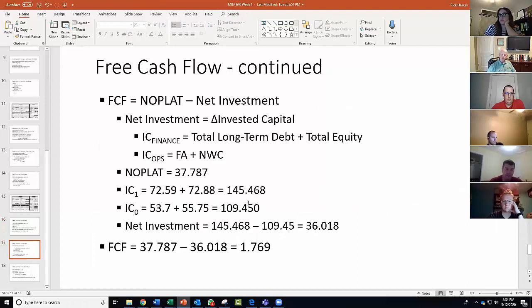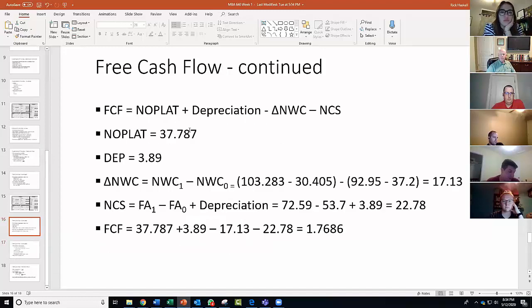And here I go through the same exercise, but I take you through how to find this number using the NOPLAT minus net investment equation. I don't want to spend much time on this part at the moment because we're going to come back to this later on. I just want you to believe me, the NOPLAT minus net investment comes up with the same outcome as NOPLAT plus depreciation minus change in net working capital minus net capital spending.